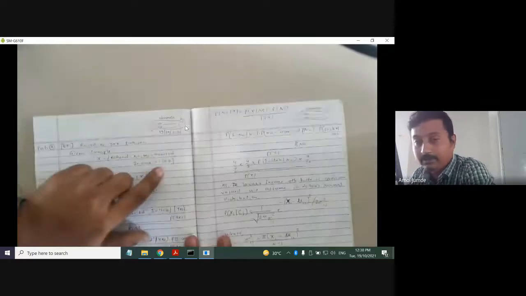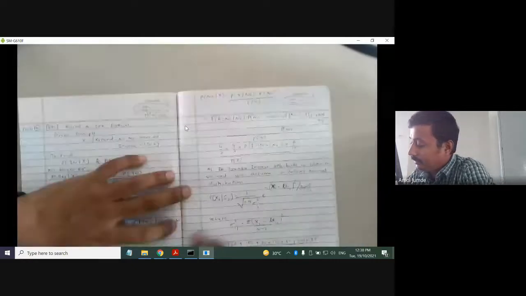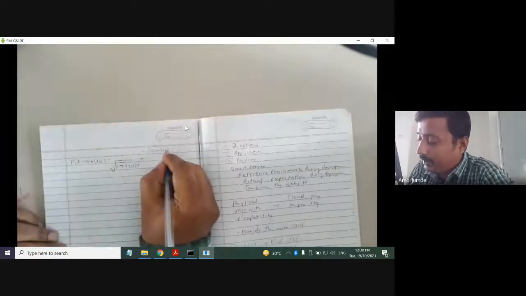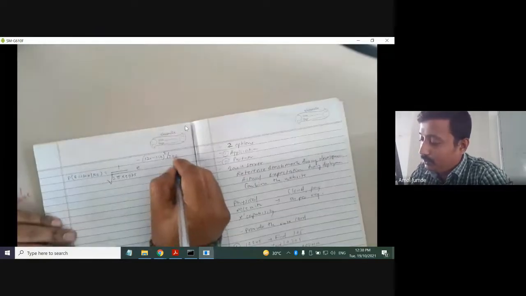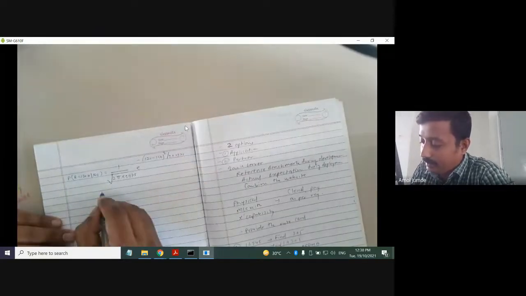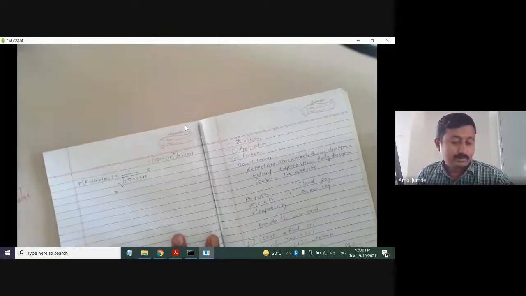The sample value is 120 minus mu ij, that is 110, the mean value. Square of that divided by twice this value, 2 into 275.